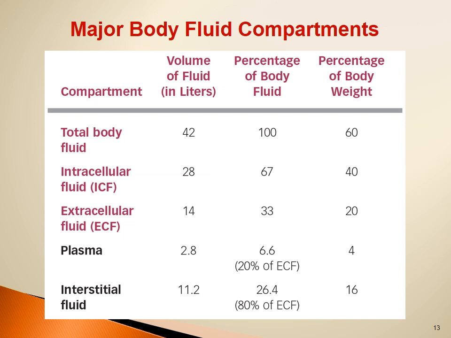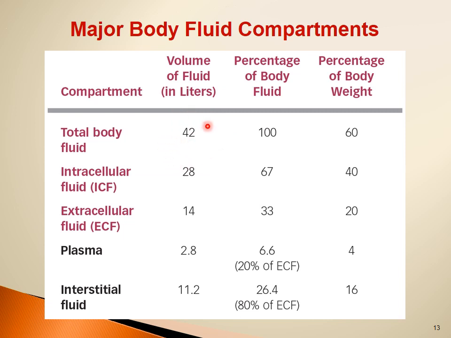Here we can see in this table the different compartments of the body fluids and their volumes. If we take an average adult male with a body mass of 70 kilograms, 60% of his body mass will be water, and this represents about 42 liters.